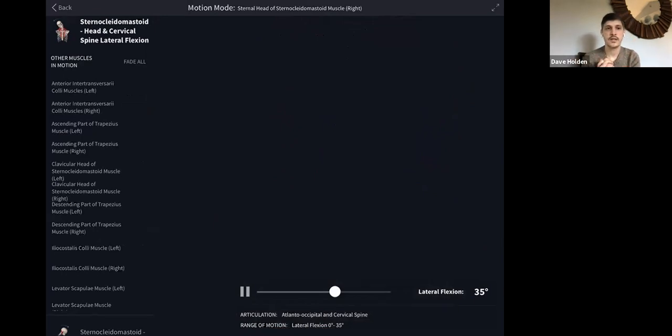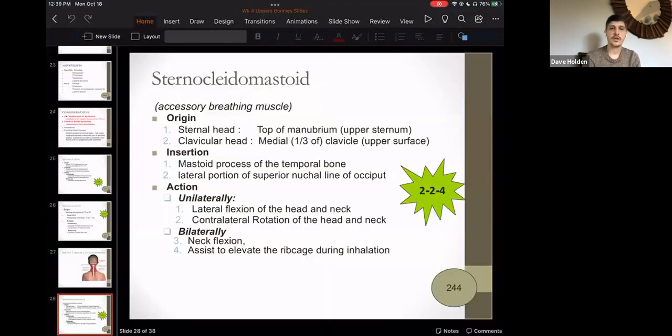Such a good muscle. So sternocleidomastoid's origin, top of the manubrium and medial third or so of the clavicle. Insertion, mastoid process. You could say lateral portion of the superior nuchal line, but mastoid process pretty much nails it. So one side, we've got lateral flexion and contralateral rotation.